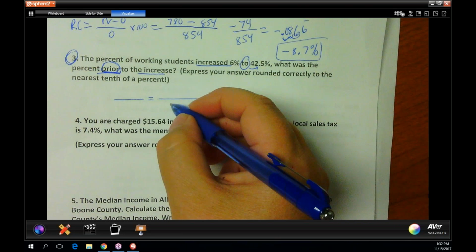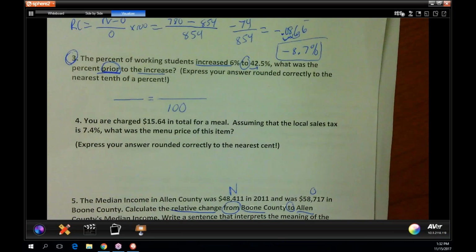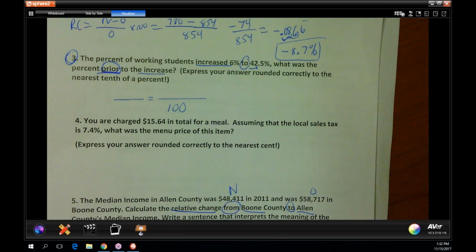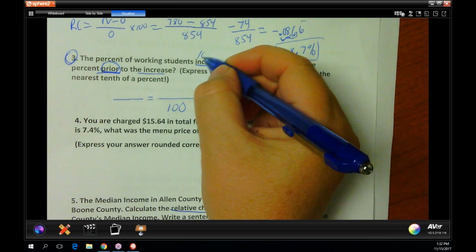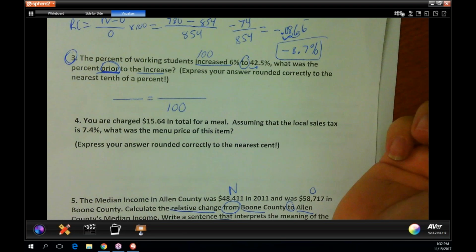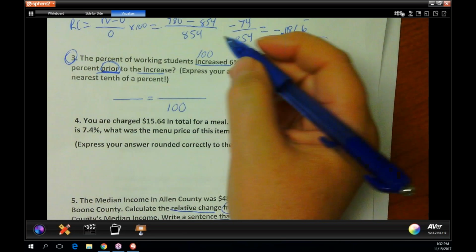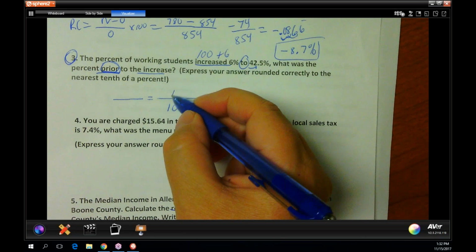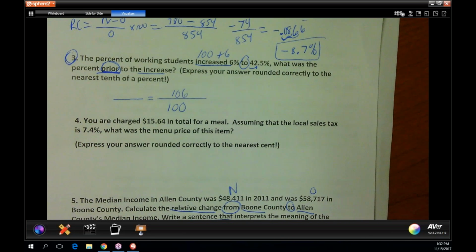Okay. You start out with your proportion and your free spot. If it's increasing 6%, is that a plus or a minus? An increase. Thank you, Madison. 100 plus 6. So we have 106%.